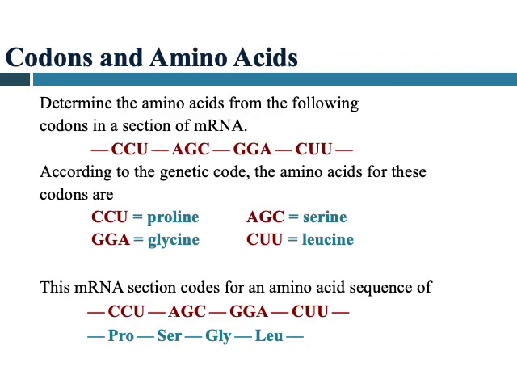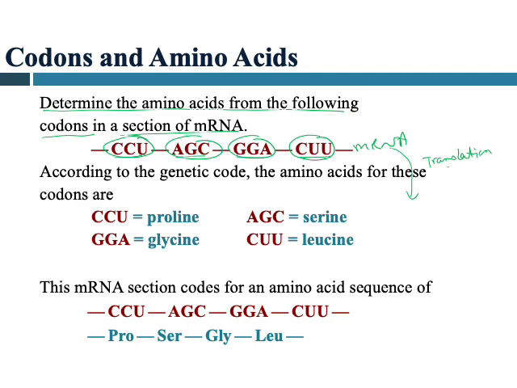Let's take a couple of examples. Determine the amino acid sequence from the following codons in the section of mRNA. So this is your mRNA, and you have the sequence CCU, AGC, CGA, CUU. So these are triplets. Now you have to tell me, if this is an mRNA sequence and you do the translation process, what is the sequence of amino acids, right?